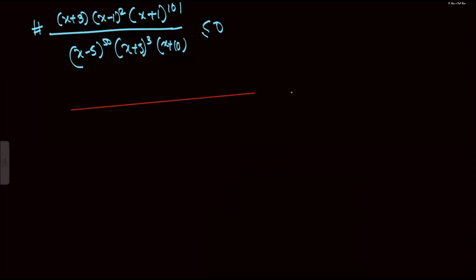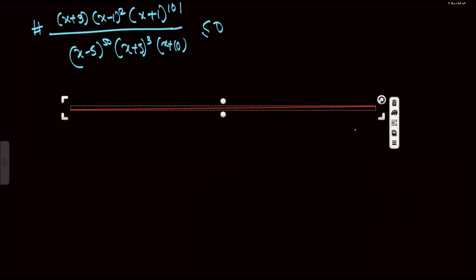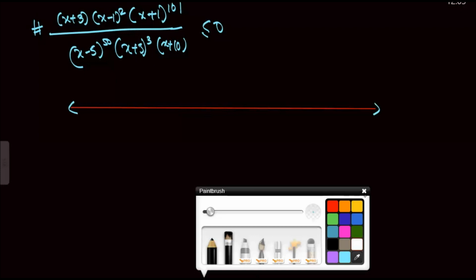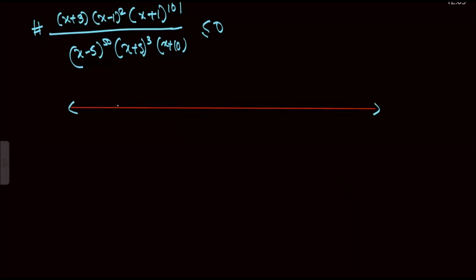First, we draw a number line. We plot the points -3, 1, -1, 5, -3, 10.